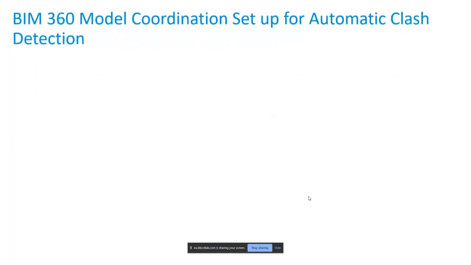So there are 2 parts of my live demonstration. In the first part, we are going to talk about the model coordination setup. So BIM 360 model coordination is a module of the BIM 360 suite of products by Autodesk. For people who do not understand BIM 360, it basically is a technology that allows you to take your design data out of your firewall and put it on the cloud.